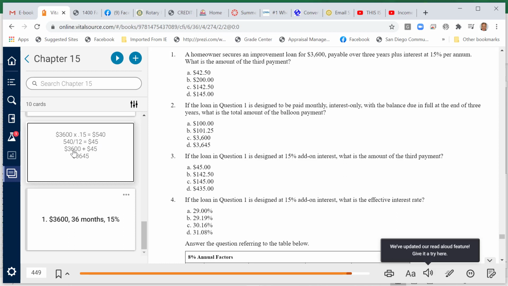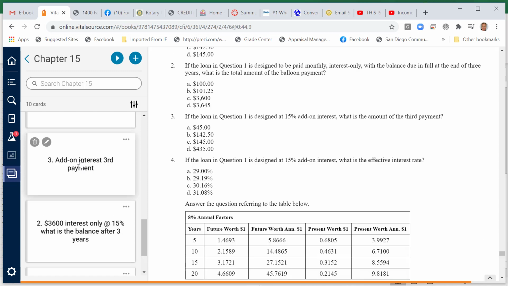So I do owe my $3,600, plus I've used that money for the last month, which is $45. So my last payment due is the entire principal, since it's interest only, at $3,600 plus 45. So I'm going to go $3,645 for my last payment on the interest only loan.